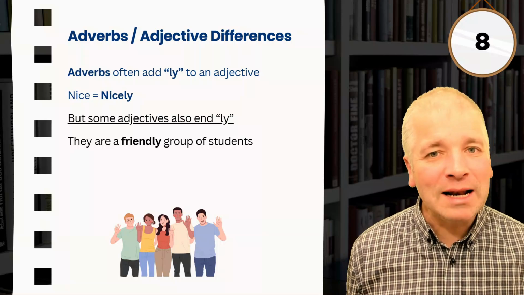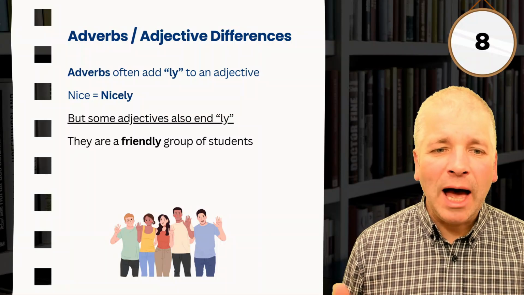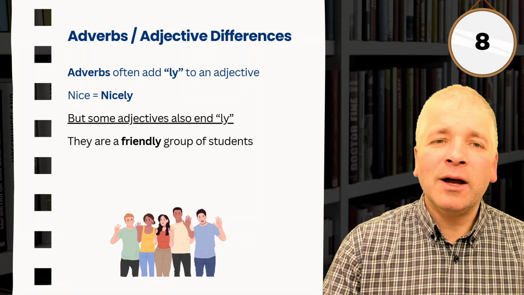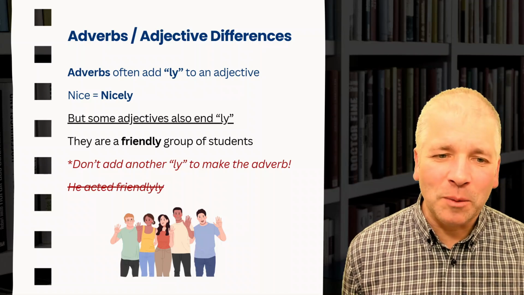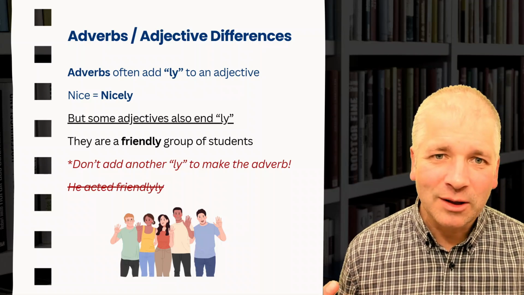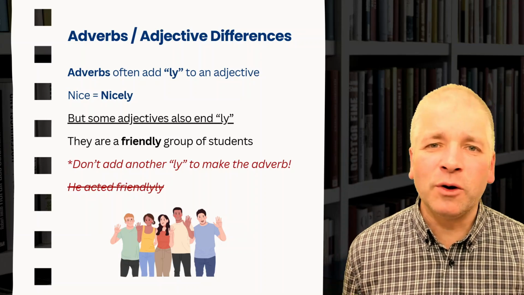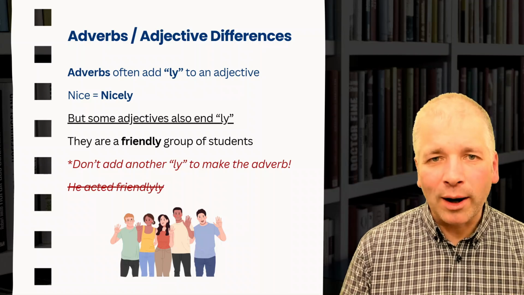They are a friendly group of students. And when you have an adjective ending ly, this doesn't work. Don't add another ly to make the adverb. You can't say he acted friendlily. You have to use a different option here instead of adding ly.